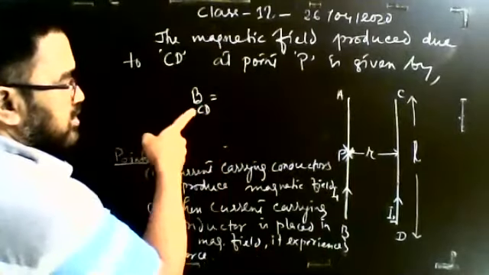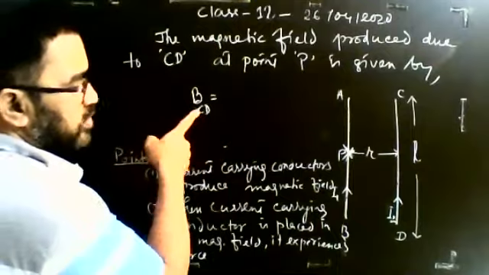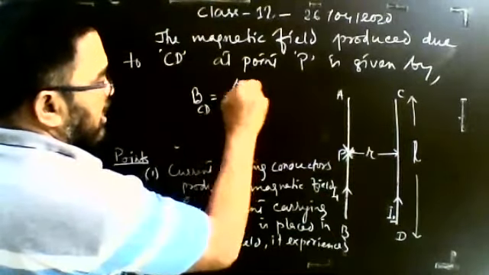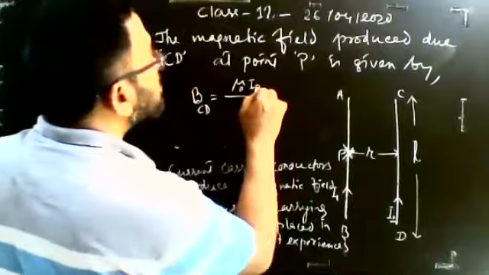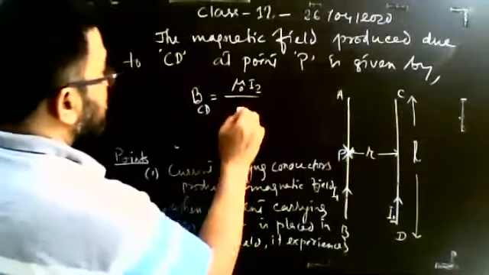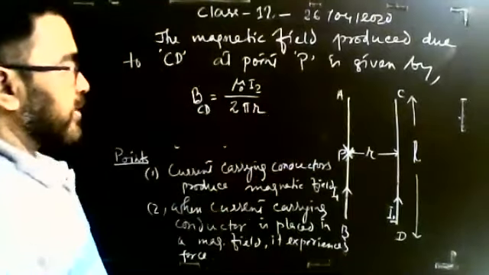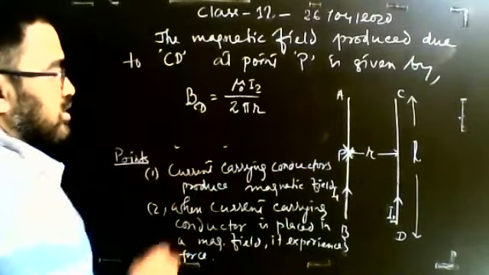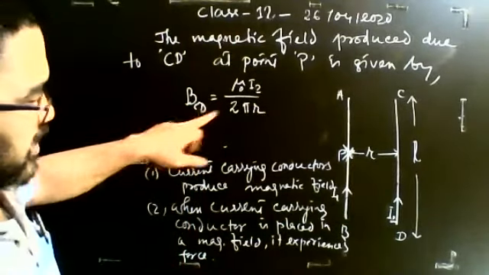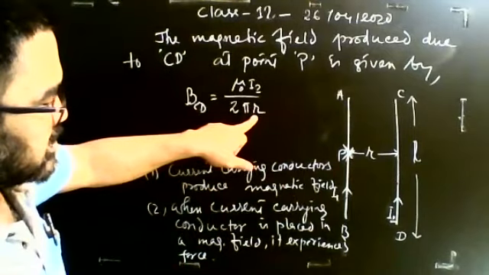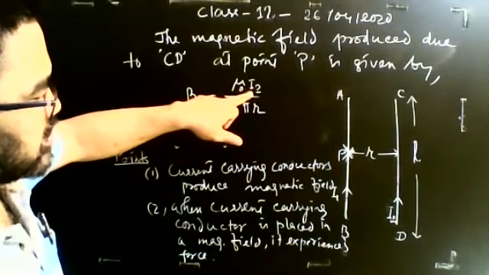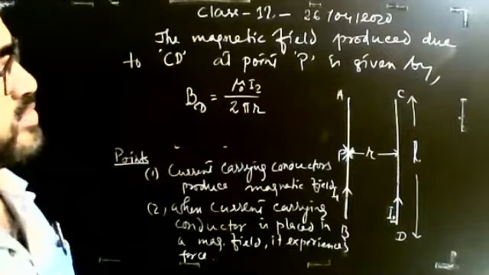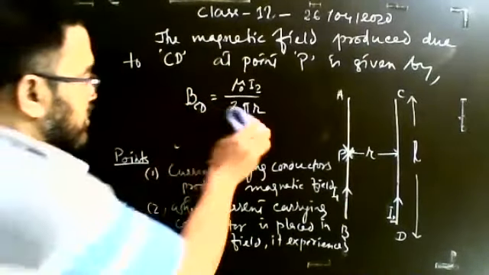BCD is the magnitude of the magnetic field produced by CD at point P, which is given by mu naught I2 over 2 pi R, because the I2 current is flowing through CD.